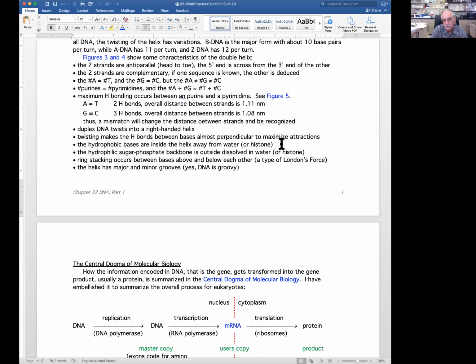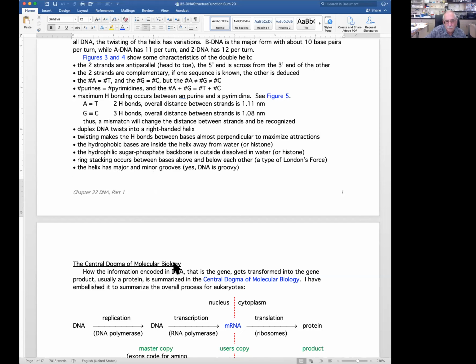But the DNA itself in biology is really dissolved in histone and then suspended in the cellular matrix. So then the hydrophilic sugar phosphate backbone is outside of the helix, dissolved in water. And then we get ring stacking between bases. I'll go back and explain that in a minute. And then, yes, DNA is groovy.